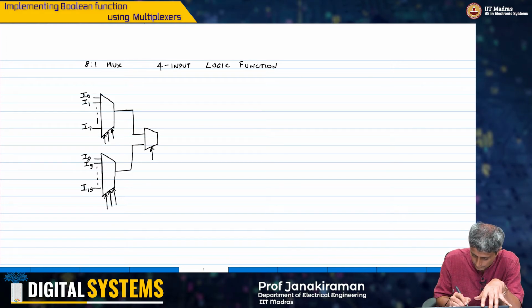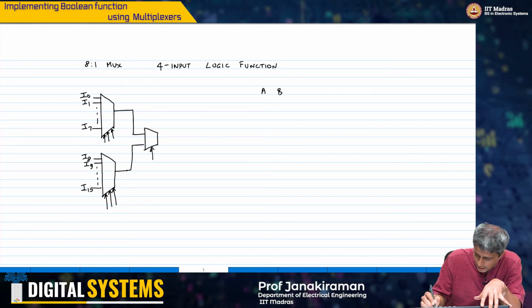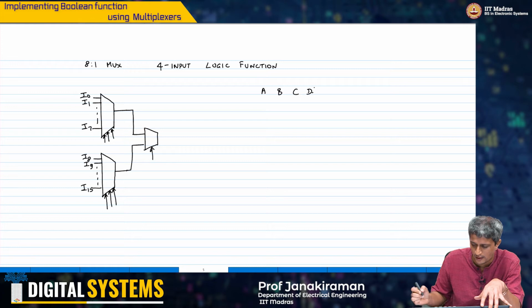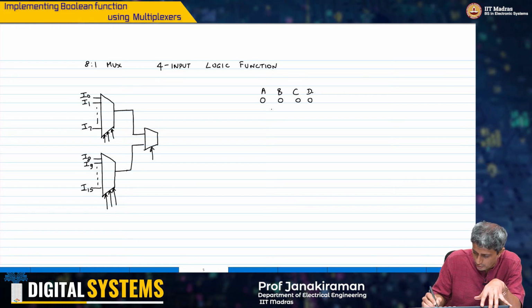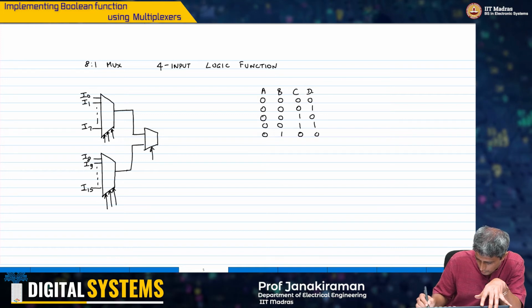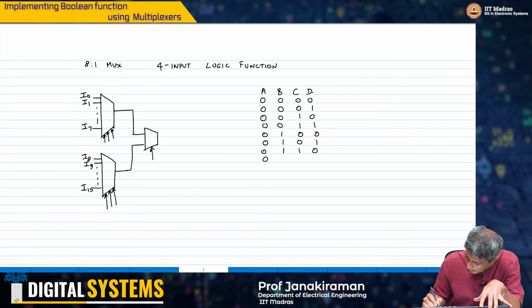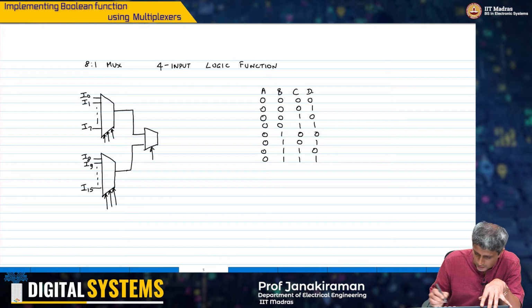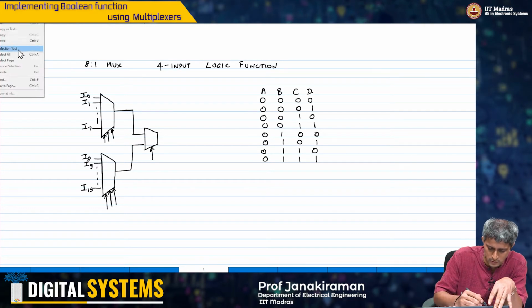So if I have A, B, C and D, this is my logic function 0, 0, 0, 0, 0, 0, 1, 0, 0, 1, 0, 0, 1, 1, 0, 1. Okay.